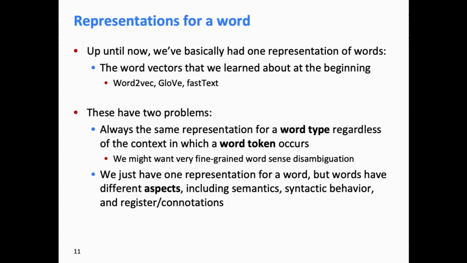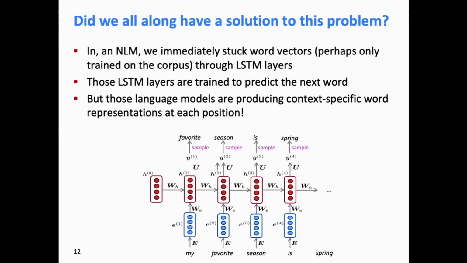I've said up until now that we just had these word vectors, and words just had one vector. But if you actually think about it, maybe that's wrong. Maybe we never had a problem, or at any rate, we'd solved it six classes ago. If you remember back to when we started talking about neural language models, what did a neural language model do?